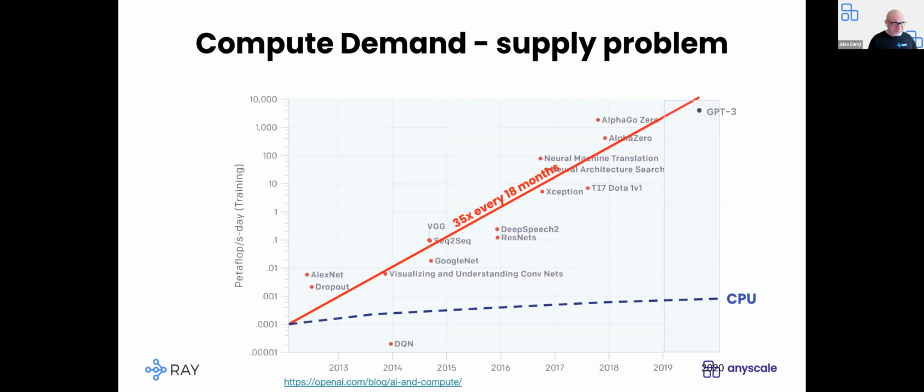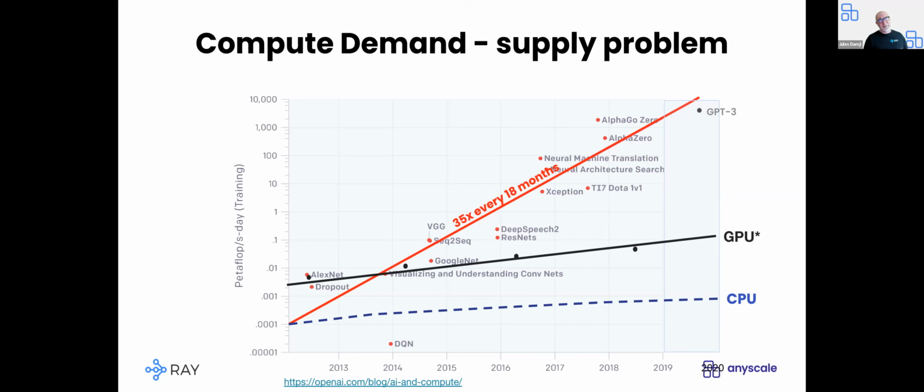And if you look at this diagram from OpenAI a couple of years ago, you can see that today's language models require a fair amount of petaflops to train, and it can take weeks to months just to do that. The number of parameters, the complexity, and the compute power they need increase exponentially compared to the CPU power that you have.